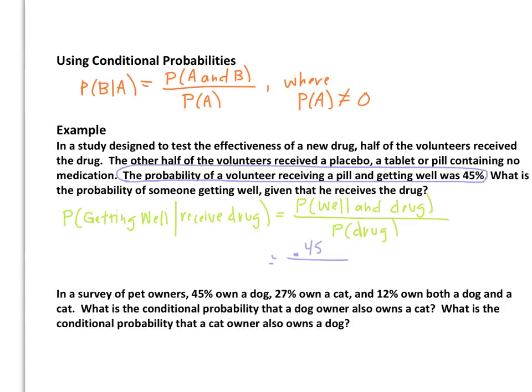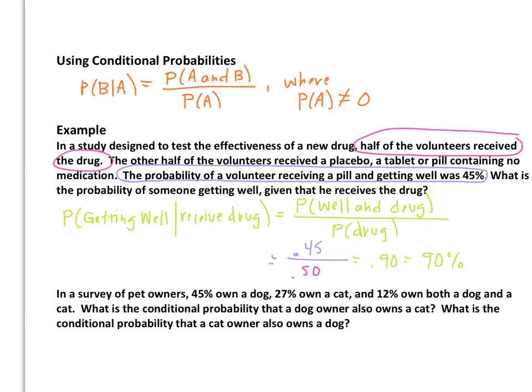So the probability that they received the drug was 50%. All right, so we put this in our calculator, 0.45 divided by 0.5, and we find that the probability of getting well, given you've received the drug, is equal to 0.9, or 90%.